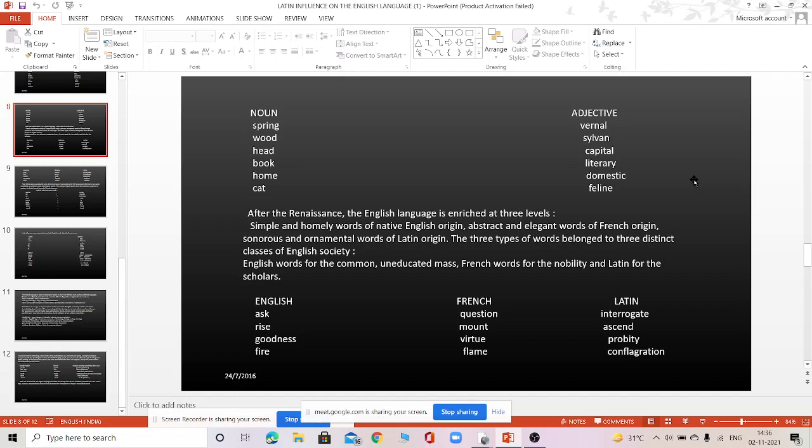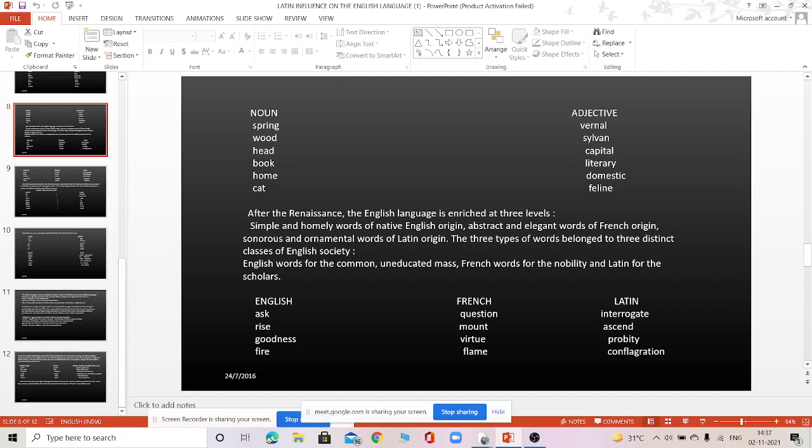So obviously they were engaged in translation as well, the work of translation from Latin. During the Renaissance, what did we see? The works of ancient Greek and ancient Roman writers were being studied anew, and they were being translated into English. So those who were doing that work obviously had to know the Latin language. Common people do not know the Latin language, and for that reason these scholars, these monks who lived in the monasteries, who were religious people, actually used the Latin words.